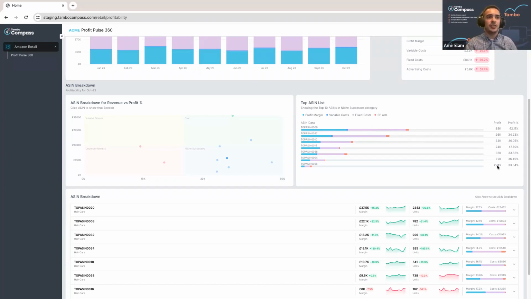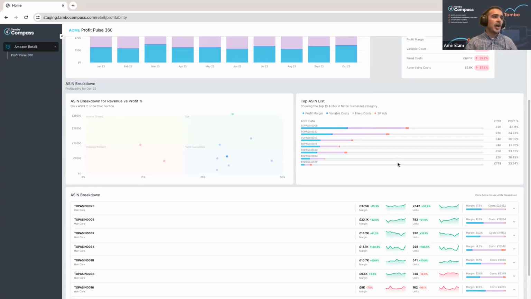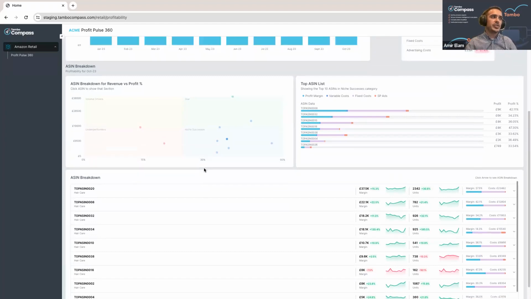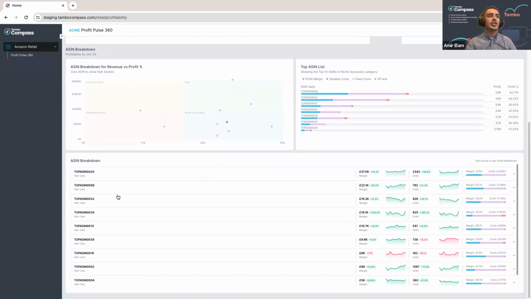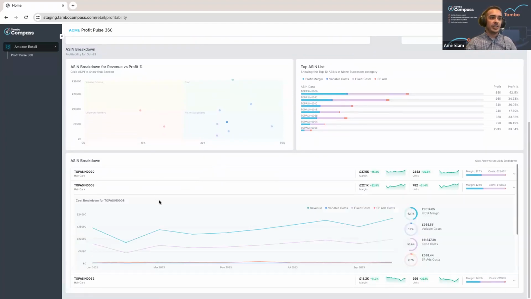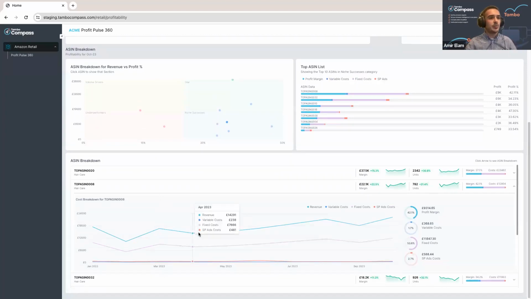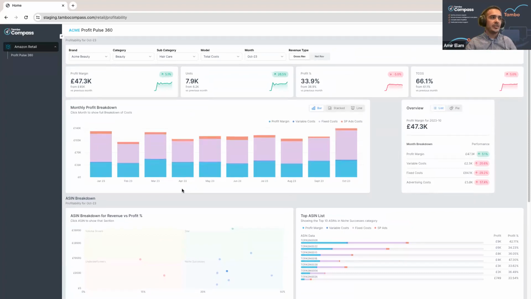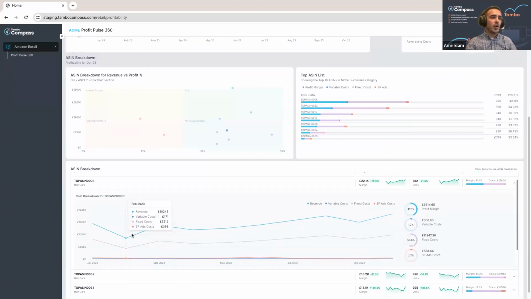You can also see the profit margin for each, and how this changed versus last month. And then lastly, the last section is based on the filters you selected at the top. You can actually look individually at each ASIN. So you would see everything you see at the top level here, but on an ASIN level.